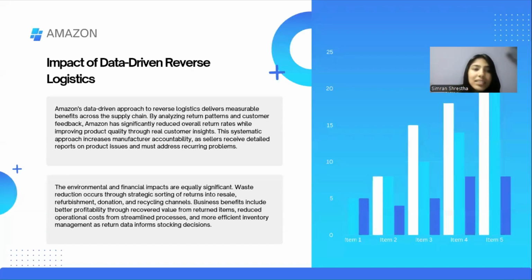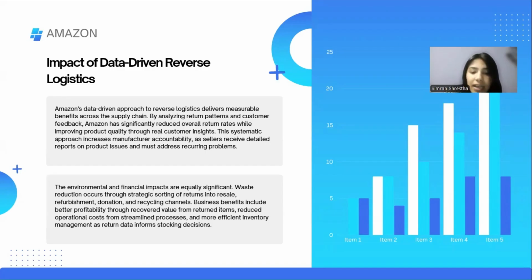So moving on to next slide, impact of data-driven reverse logistics. Amazon's data-driven approach to reverse logistics has significant impact across the entire supply chain. First, it helps reduce overall return rates by identifying recurring issues and addressing them at the source. Second, it improves product quality because manufacturers receive real world customer feedback and they are able to make targeted improvements.